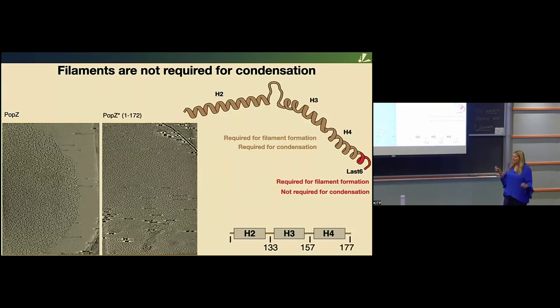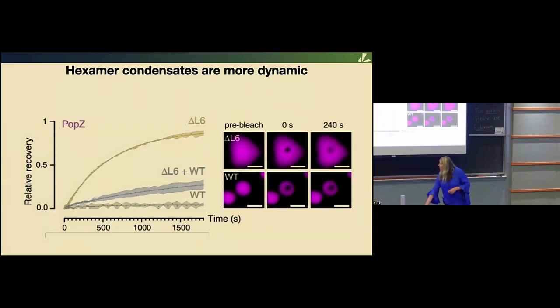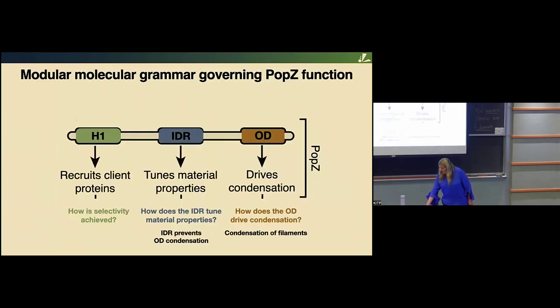So we now have a mutant that shows we can get condensation with hexamers instead of with filaments. And this is now the cryo-ET, so that's the POPZ condensate for the full length, but this is just hexamers. And those are much faster, by FRAP. Okay, we're going to get to that mutant in a second.